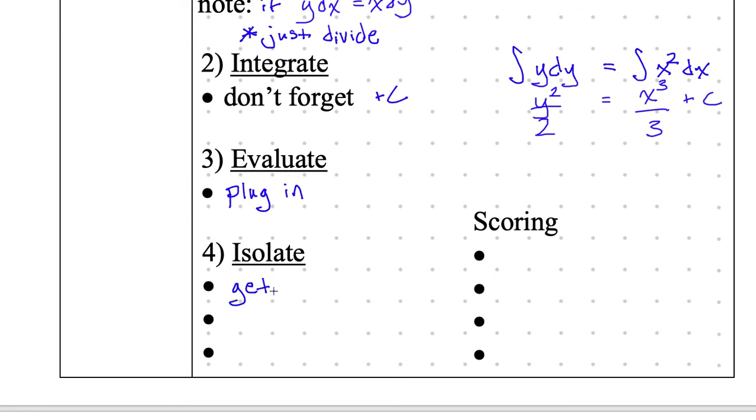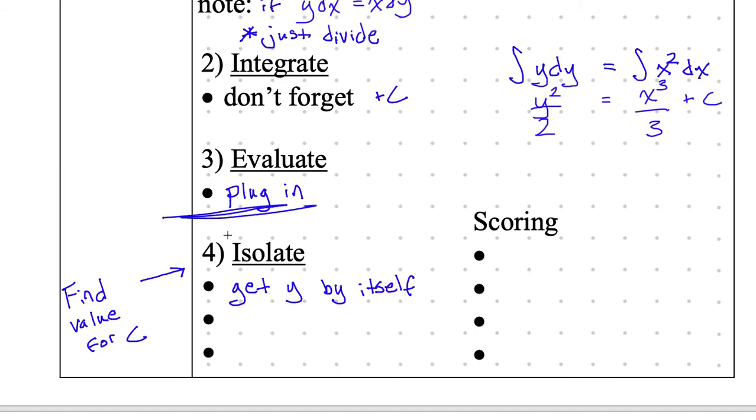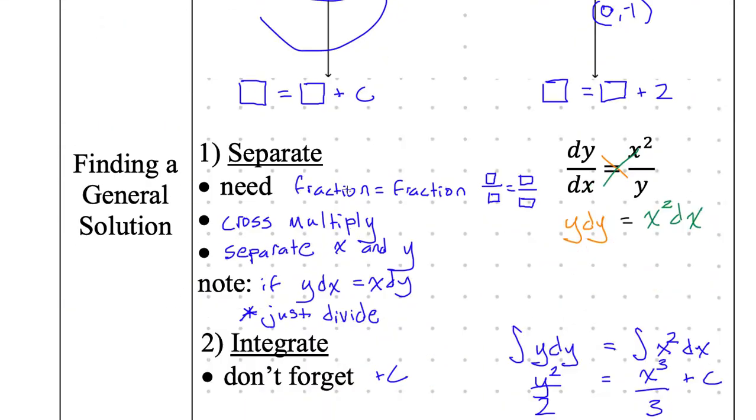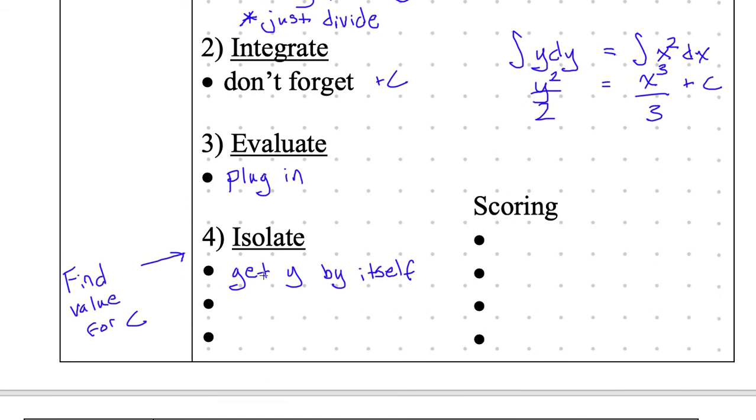By the way, what you're really doing here is trying to find the value for C. Because after step 3, you've found the general solution, but you haven't found the specific solution until you do step 4. Isolate, get y by itself.